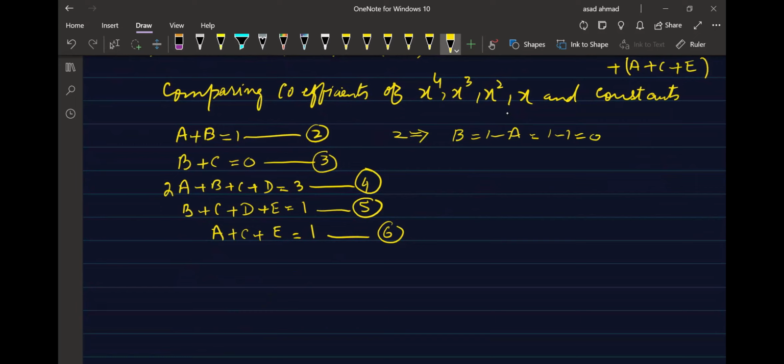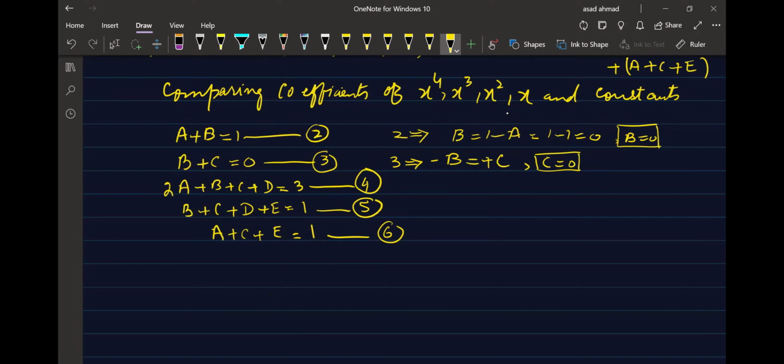So b will become equals to 0, that we have derived from the equation number 2. Now from the third equation, b is equals to minus c, rather c is minus b, and b is equal to 0. So consequently c will also be 0. This is from the third equation.